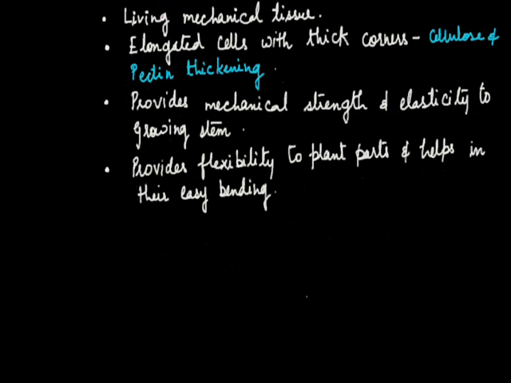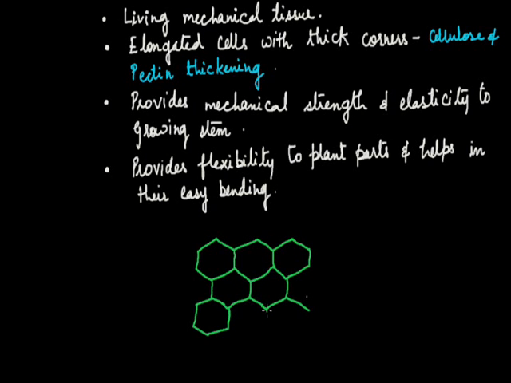Now, if we represent collenchymatous tissue diagrammatically: in contrast to the parenchymatous cells, the collenchymatous cells don't have intercellular spaces, and the cell wall is again composed of cellulose and pectin, but at the corners the cell wall has thickenings of cellulose and pectin.